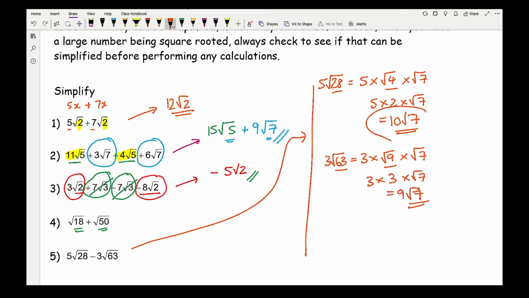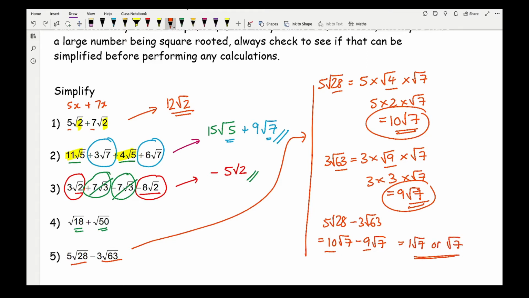So what I'm now going to do is substitute 10 root 7 and 9 root 7 for these two calculations. So what I've got is 5 root 28 minus 3 root 63 can be written as 10 root 7 minus 9 root 7, which then 10 take away 9 leaves me with 1 root 7, or I could write it as just root 7, and there is my final answer.